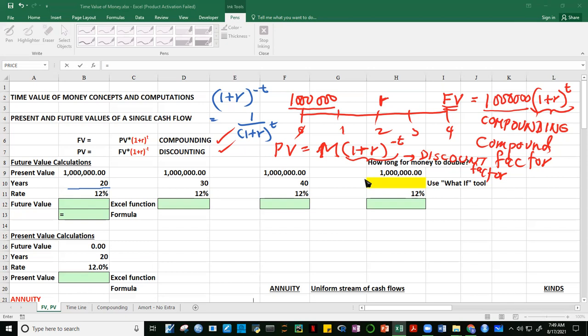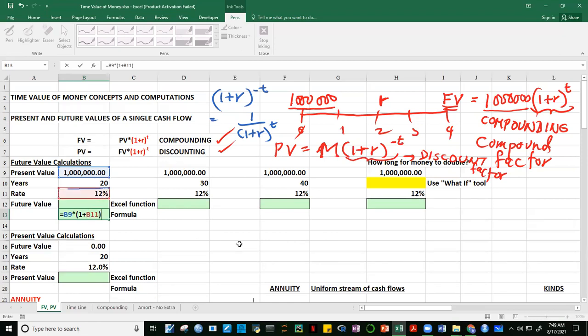Okay, I'd like to validate that, so let me use the formula here. It's equal to the present value times parenthesis 1 plus our rate, which is this one.